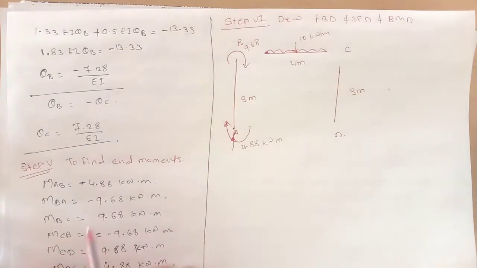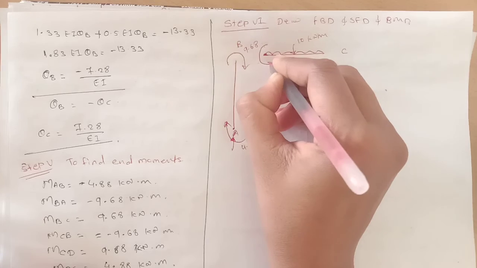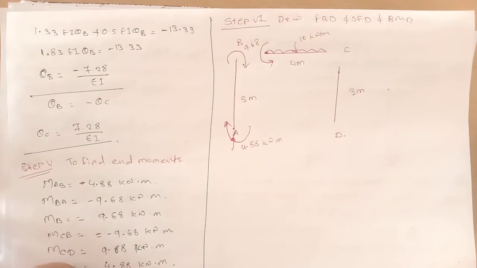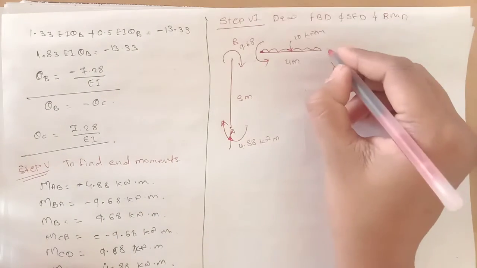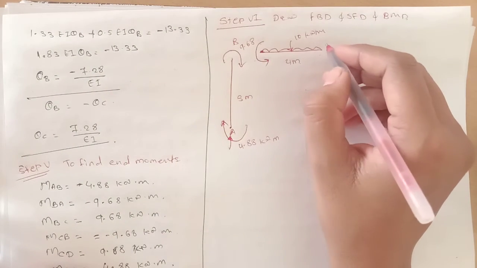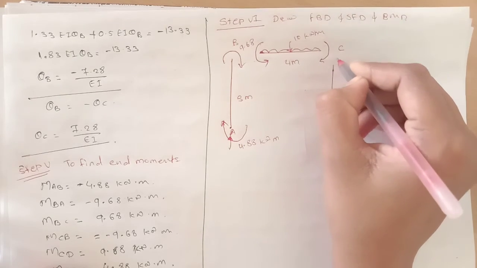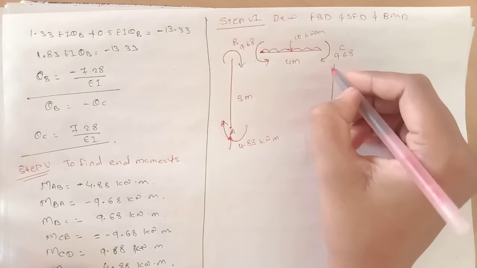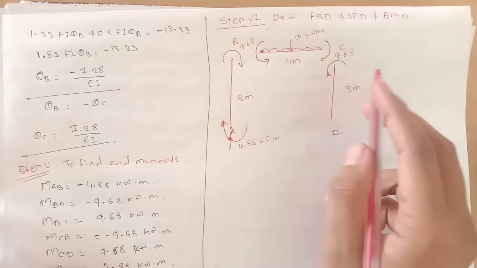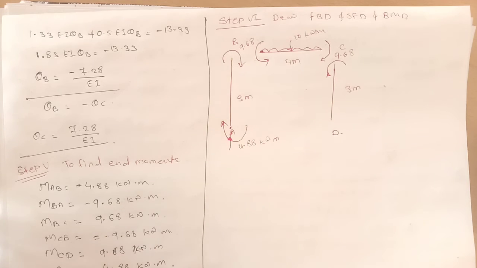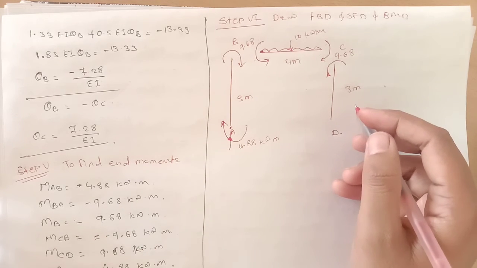Then for the BC member, the same value is there, only the sign is changed, positive, so we take anti-clockwise movement. Then next for the CB member, minus 9.68, and for C to D plus 9.68, and last for the DC member, the end moment is 4.88 positive.